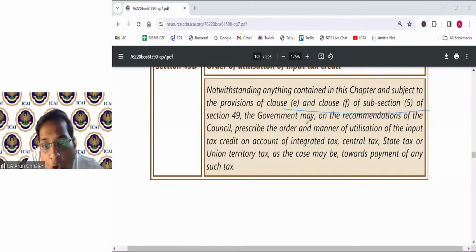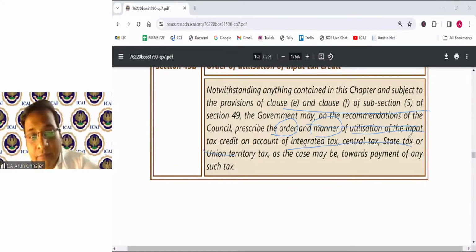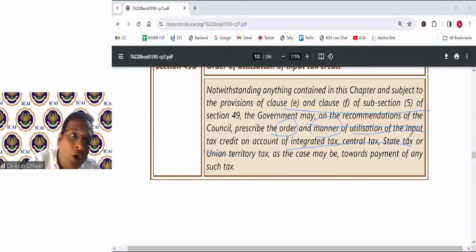It says that the government, on the recommendation of the council, may prescribe the order and manner of utilization of ITC on account of I, C, and S toward the payment of such tax. Now 49B is saying that the government can prescribe the order and manner. Whenever the word prescribed is there, it means there would be some rule.